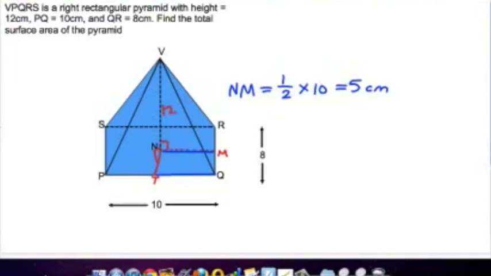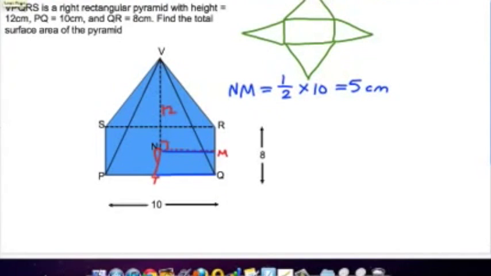Because what I want to do ultimately is find the height of this triangle. Maybe instead of saying this, what I should do is draw the net. So if we're taking the net of this pyramid, and it keeps going that way off the screen, trust me on that. Here we go. All right, so what I need to do ultimately is find this height. And that height that I just drew in the green dotted lines represents this height.